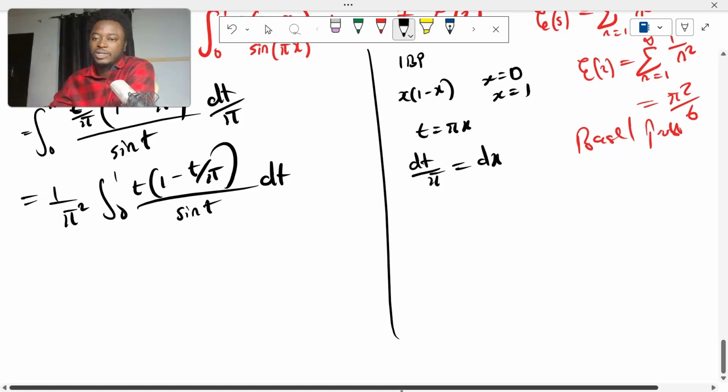Point being that, notice that 1 over sine t is the derivative of the logarithm of tan of t over 2.